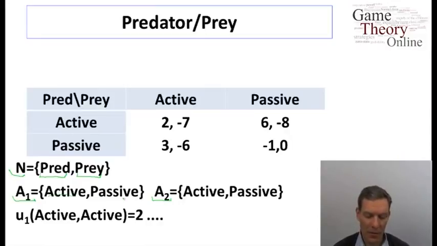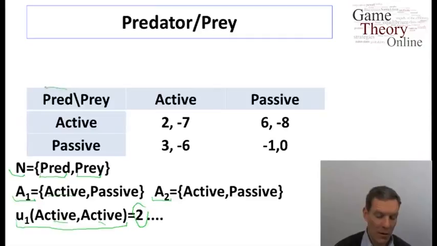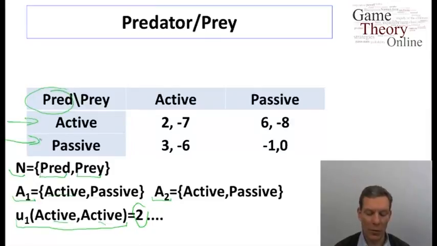And then we represented these in terms of payoffs by a number which represented how well they each did as a function of the pair of actions that were played. So if they both were active, then the predator got a payoff of 2. Here the predator is listed as the row player. So player 1 is often listed as the row player, and player 2 is often listed as the column player.